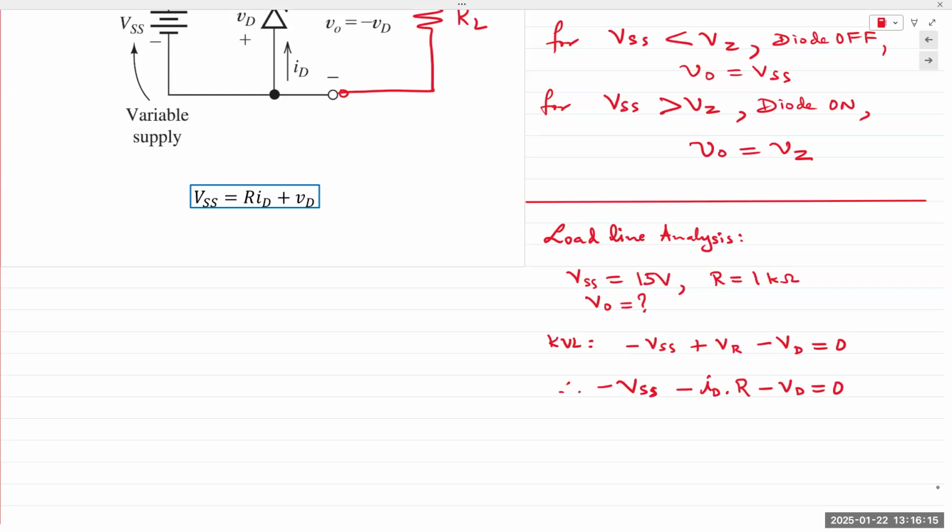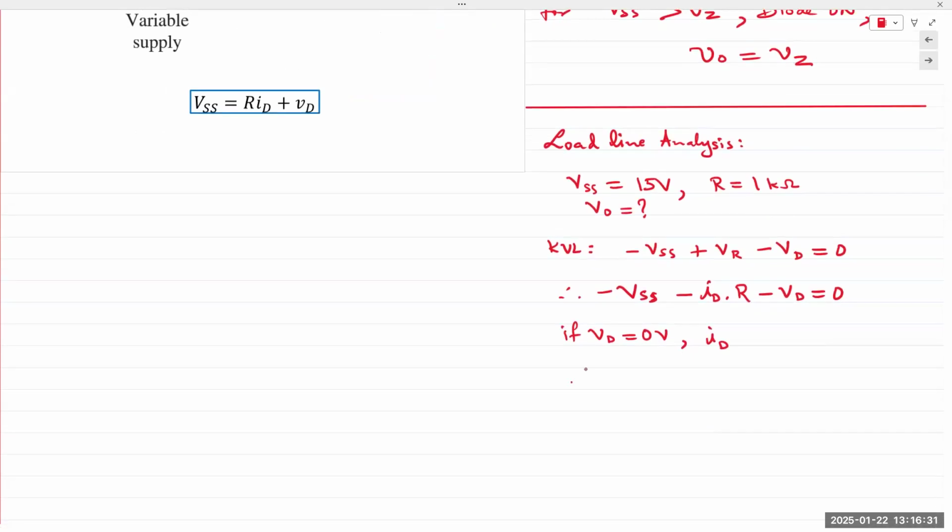Plug in VD and ID as equal to zero and find the corresponding values for the two endpoints of the line. So if we plug in VD equal to zero, we find ID. And if we plug in ID is equal to zero, we can find VD.